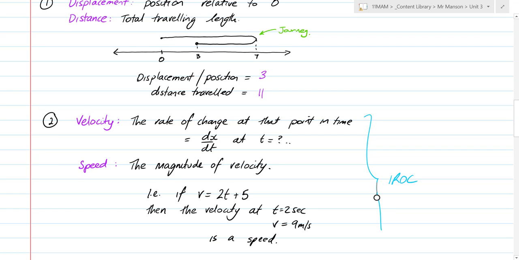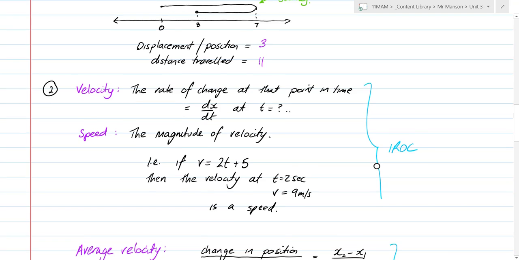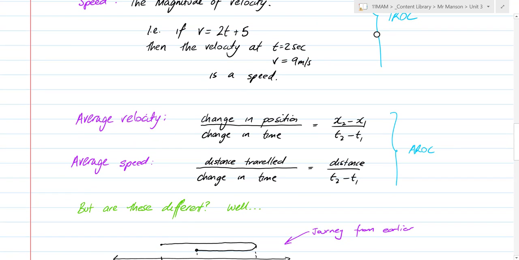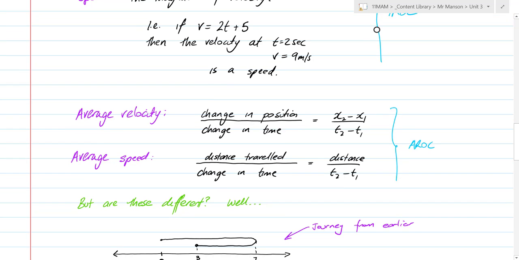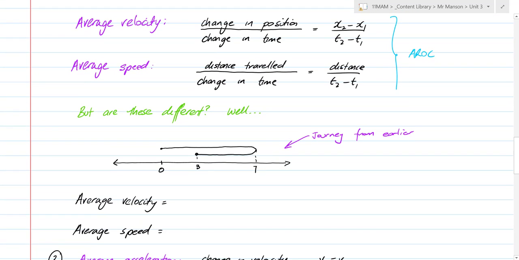On the other hand, the average velocity and average speed is a bit of a change. And we've got that diagram again, so I'm sure someone over here is going to complain about what I'm about to say. But the average velocity, this is where you've got to be really careful because this is the mistake a lot of people made in their exam last term. Velocity is an instantaneous rate of change.